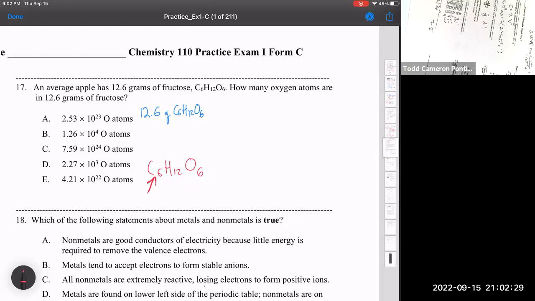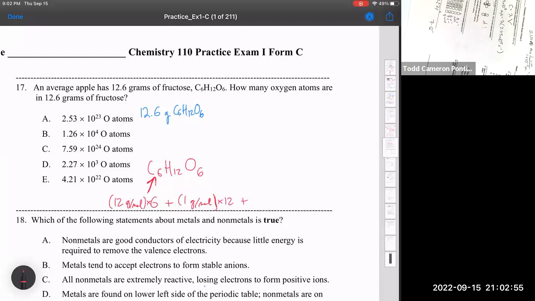But carbon weighs about 12 grams per mole. If you look at the weight, oxygen weighs 16, and hydrogen weighs a cool 1. So carbon is 12 grams per mole, and there's 6 of them. Hydrogen is 1 gram per mole, and there are 12 of them.